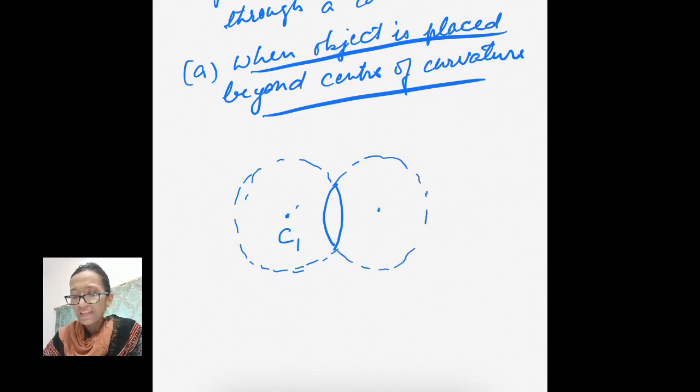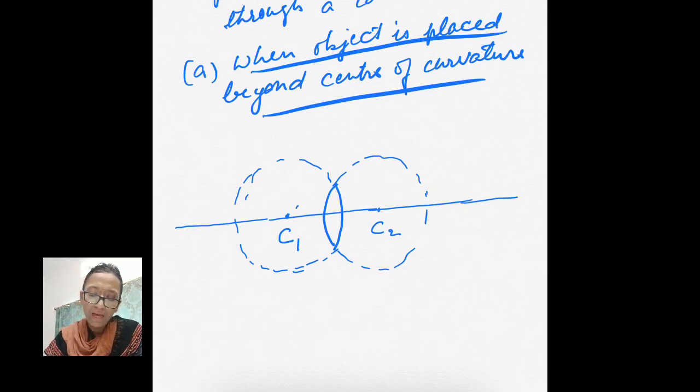Call this center C2, and then pass a line through these two points, and you will have the principal axis. After doing these things, now take any object beyond C. Here you have C, and beyond C you are taking an object AB.